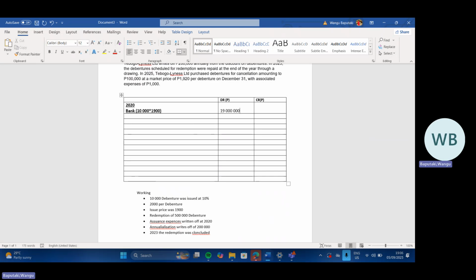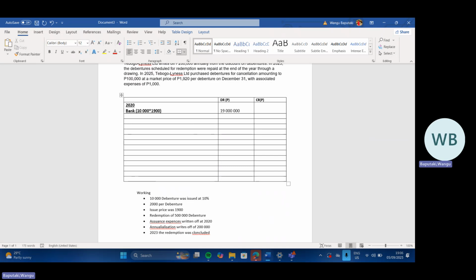Then I work the discounted debenture. I'm going to remove 1.9 from 2,000 because our debenture was supposed to be issued at 2,000, then we issued it at 1.9.